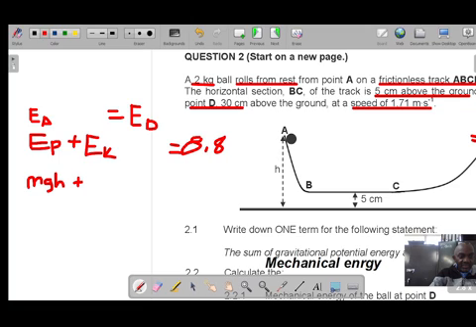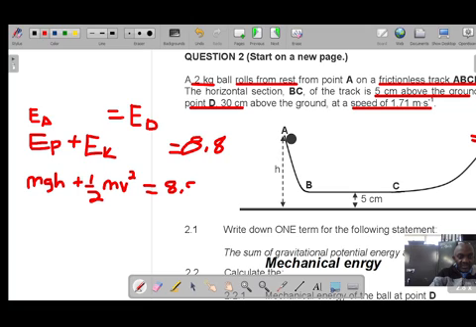At point A, it is a half mv squared. It is a half multiplied by the mass times velocity squared. Everything at point A, I equate to 8,8.